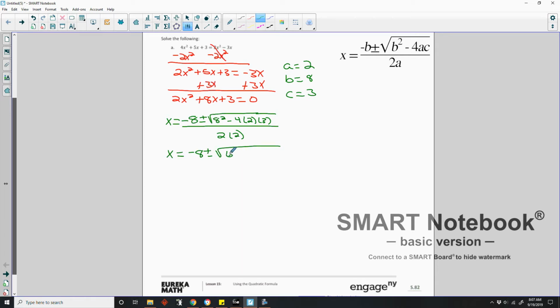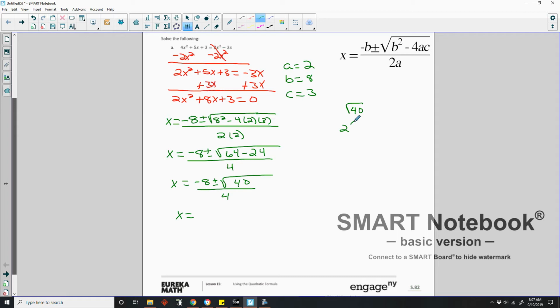8 squared is 64, minus 4 times 2 is 8, times 3 is 24, divided by 2 times 2, which is 4. x equals negative 8 plus or minus the square root of 64 minus 24 is 40, all over 4. And now I want to simplify my radical.